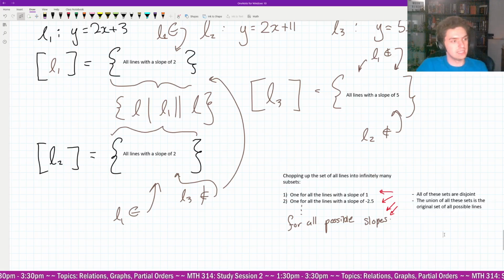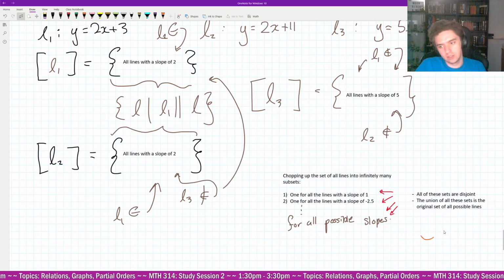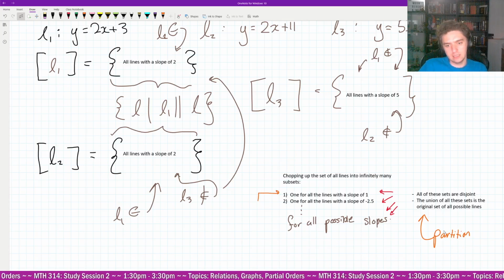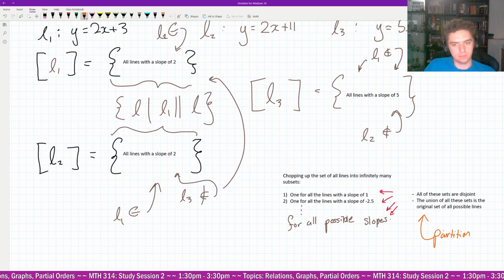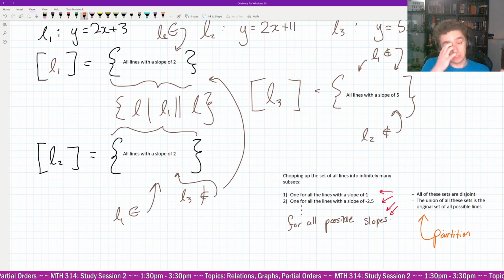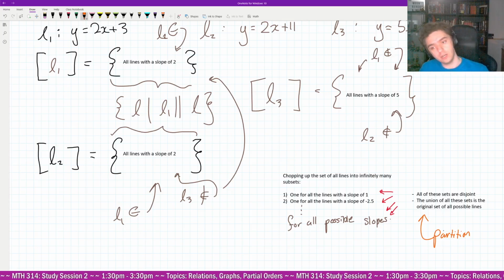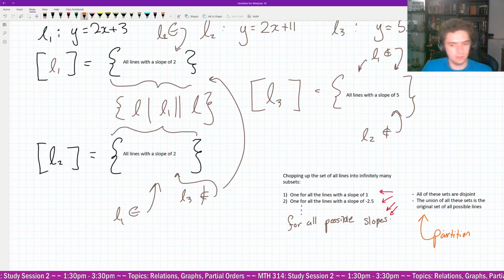And so this is the exact definition of a partition. Each of these is an equivalence class. They're sets, but remember, an equivalence class is a set. And together they form a partition of the whole set of all lines, because you have one set for the lines with slope 1, negative 2.5, 5, all the other decimals, whatever.